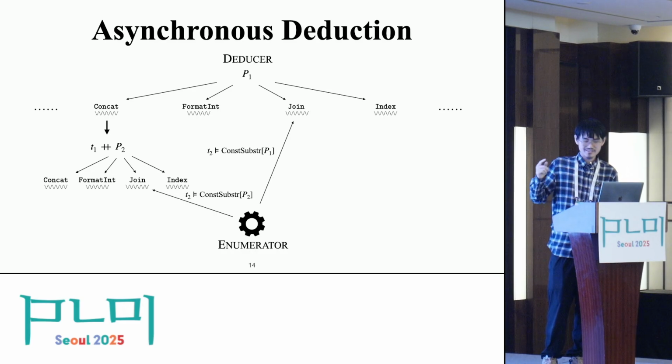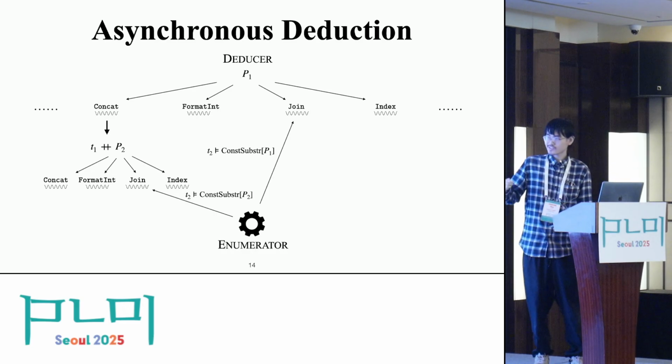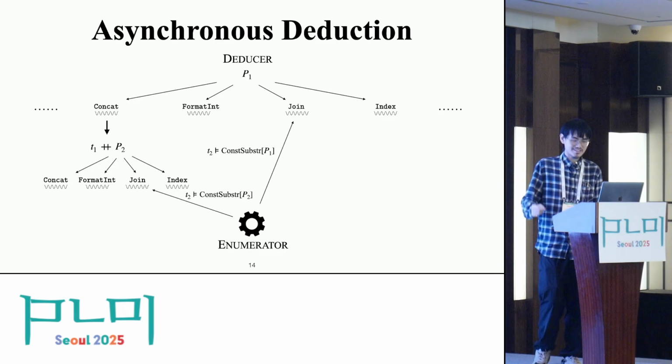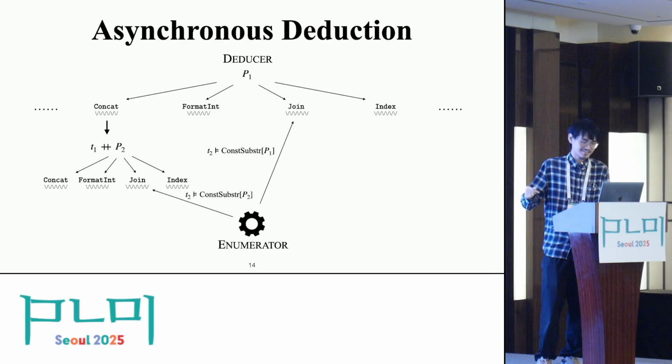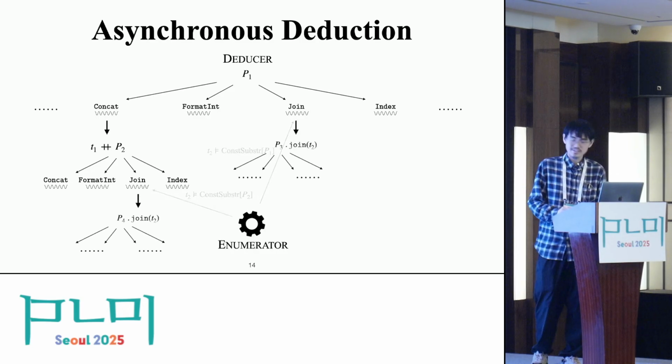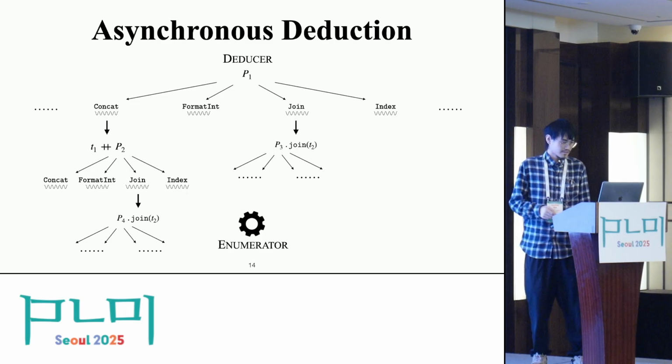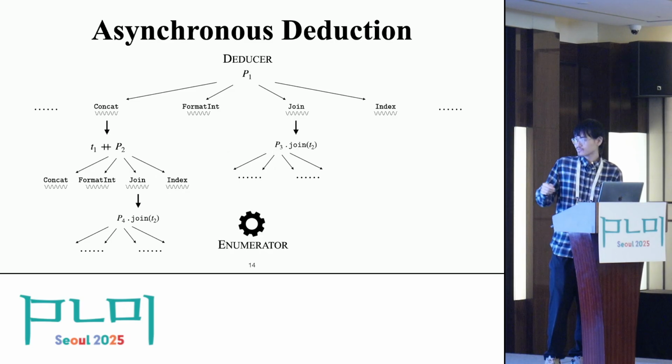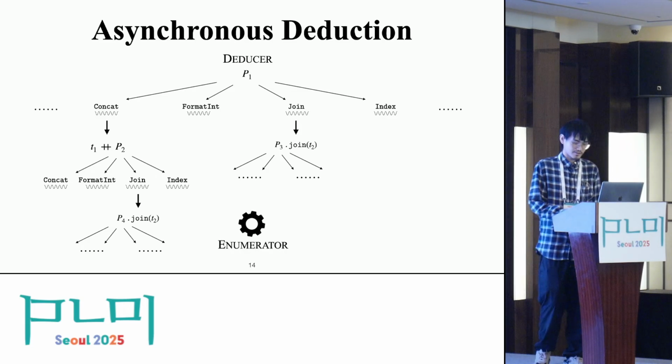Based on this hint, it's reasonable to guess that T2 can be a kind of separator because it's a constant. Because it's a separator, we can deduce P1 and P2 using the join operator, which becomes P3 and P4. Our framework will recursively deduce those P3 and P4 until the problem is solved.